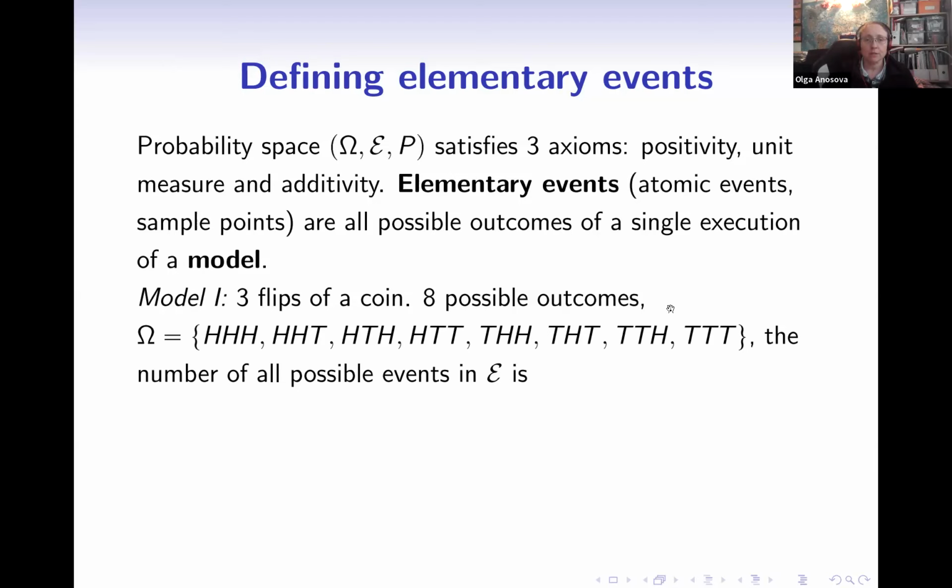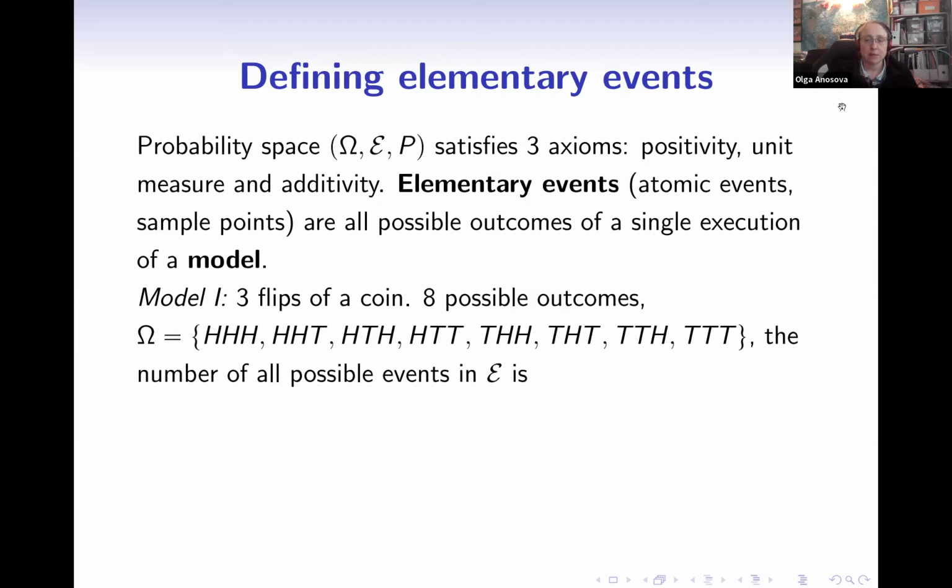For that, he introduced the so-called probability space, and probability is the function, the last letter P in this triple, and this probability function should satisfy three axioms: positivity, unit measure, meaning the probability of the whole is 1, and additivity.